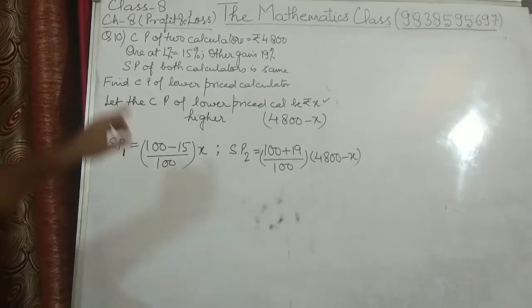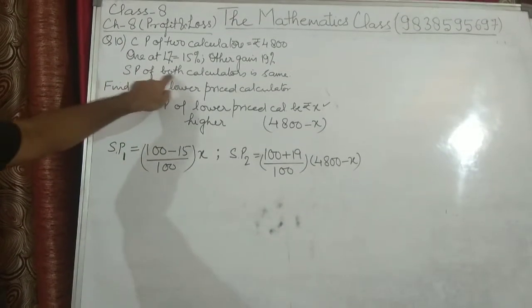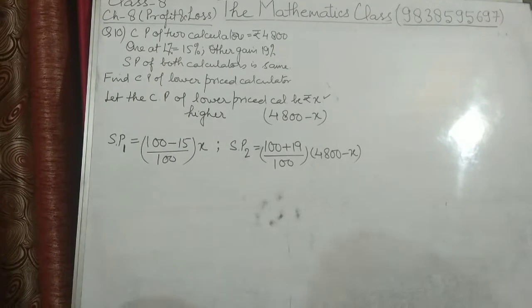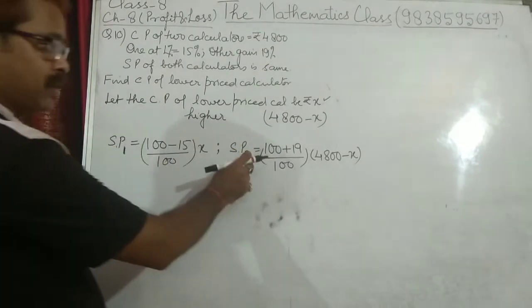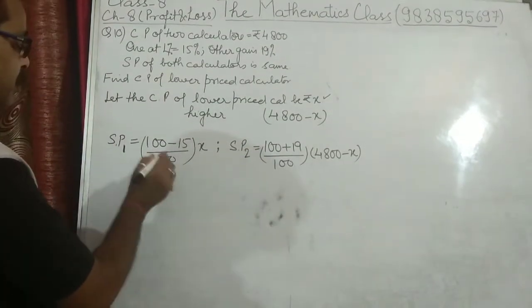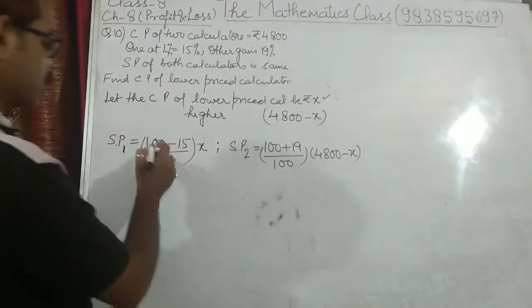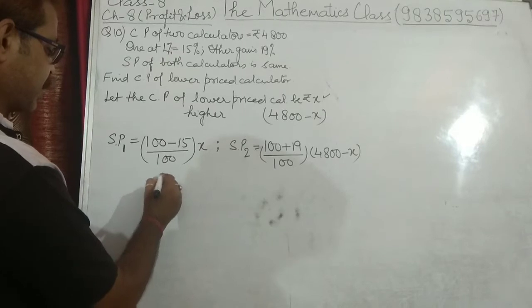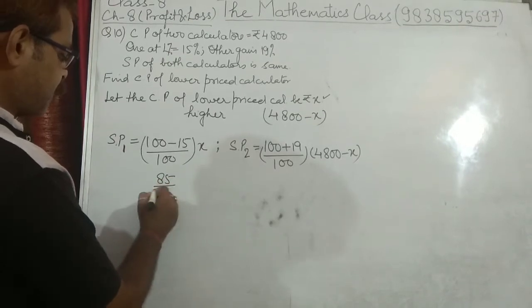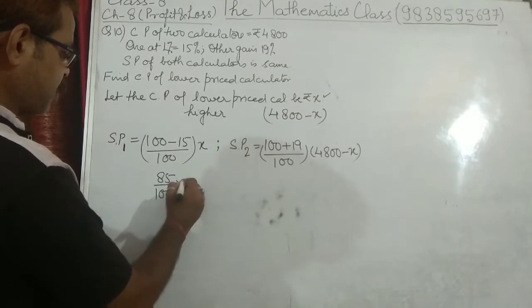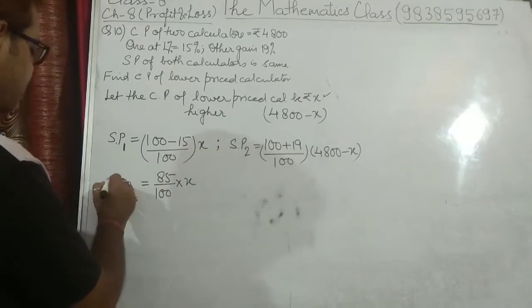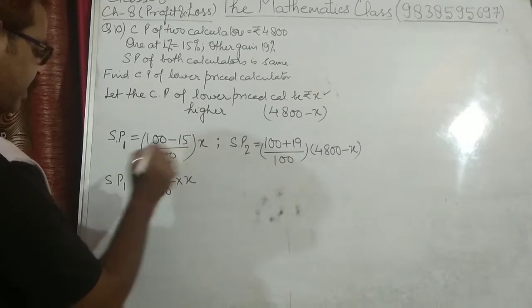Now they say the selling price of both calculators is the same, means SP1 is equal to SP2. So this value must be equated to this value. So 100 minus 15 is 85 upon 100 into X is equal to SP1.